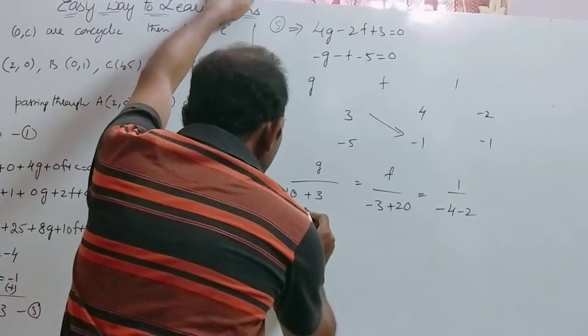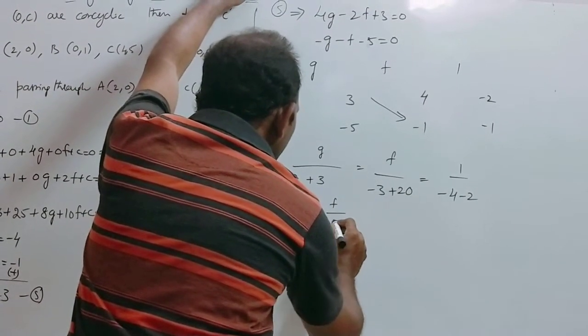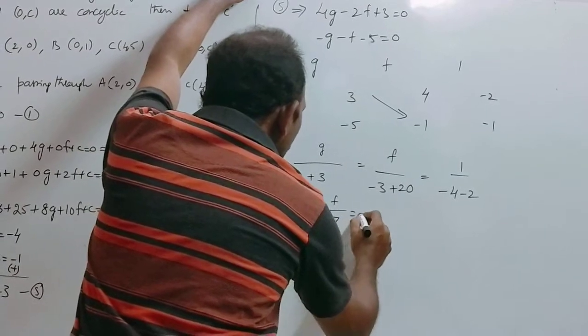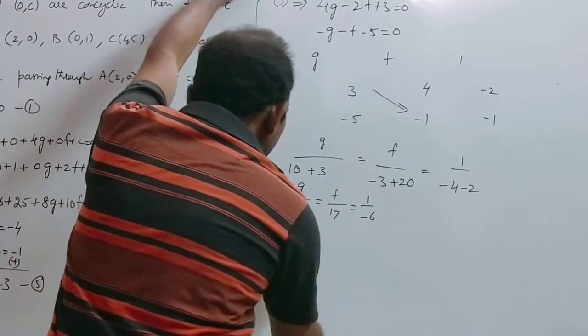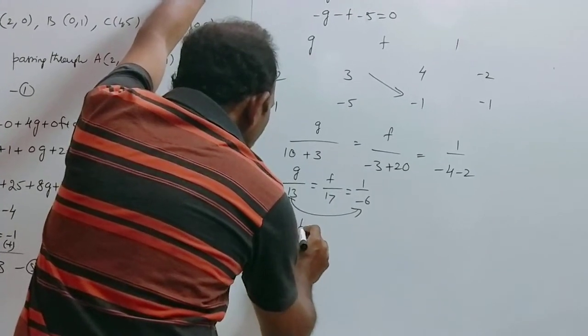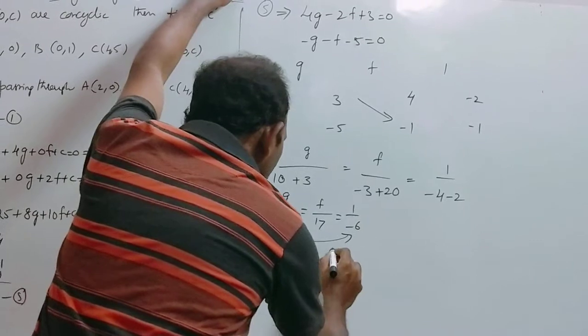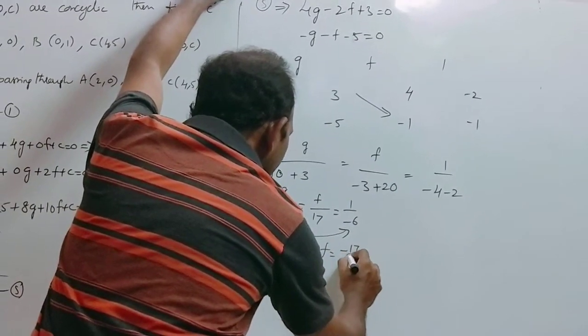Therefore, G by 13 is equal to F by 17 is equal to 1 by minus 6. Therefore, G is equal to minus 13 by 6. F is equal to minus 17 by 6.